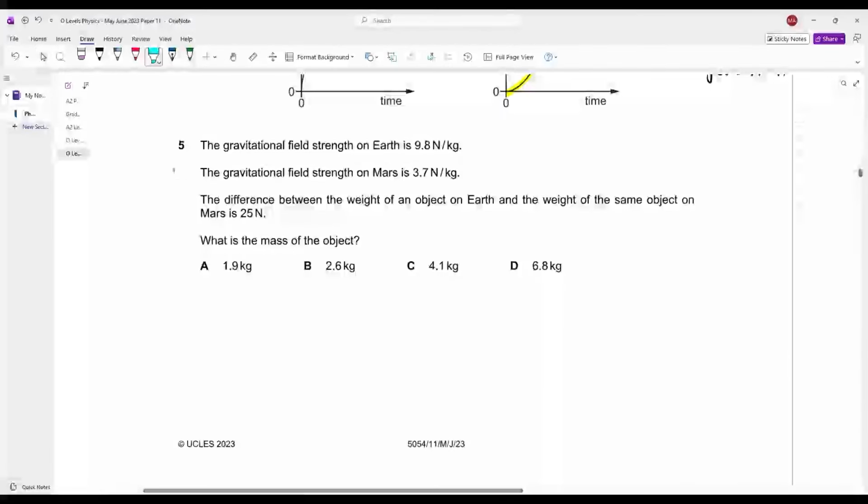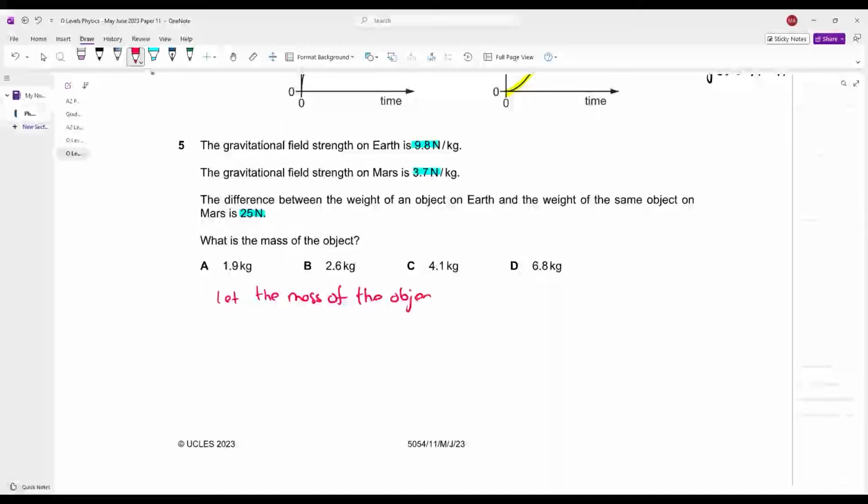Let's further see this. The gravitational field strength on Earth is 9.8. The gravitational field strength on Mars is 3.7. The difference between the weight of an object on Earth and the weight of the object on Mars is 25 Newton. What is the mass of the object? ठीक है. So beta, let the mass of the object be m. हम कह देते हैं कि भाई mass of the object जो है वो m है. अब weight on Earth किस तरह से आएगा?